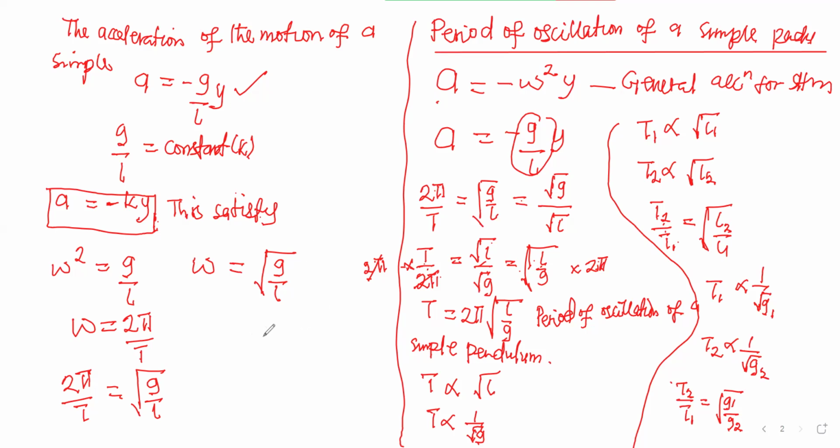So if we are looking for T2 over T1, then we are talking about 1 over root of g2, times root of g1 over 1. So I'm right. Because you divide by 1 over root of g1, and when you change the division sign to multiplication, you must invert it. Are you okay?